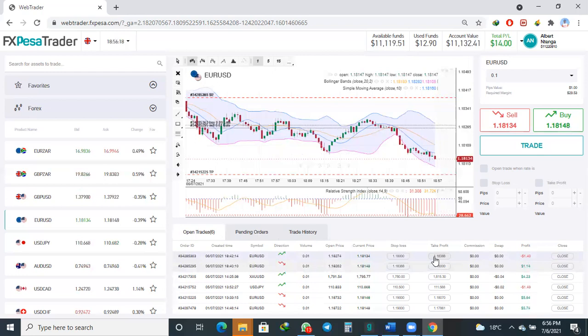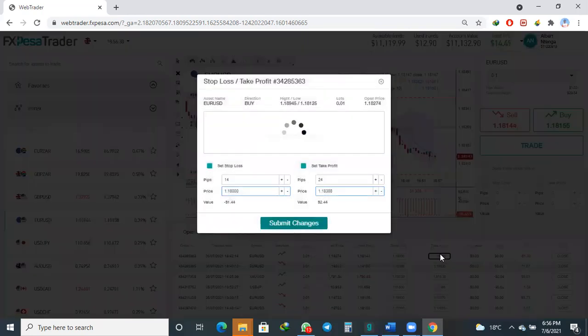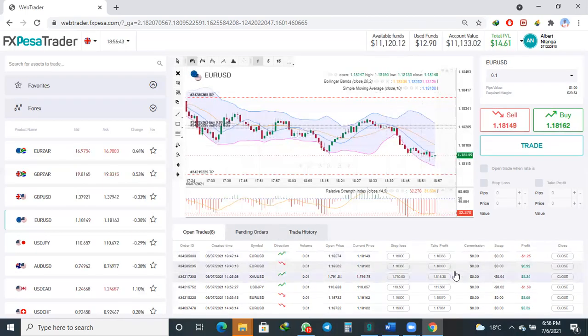In case you have worries of how you can modify, you left click. Let me do that again. You left click on either the stop loss or the take profit.